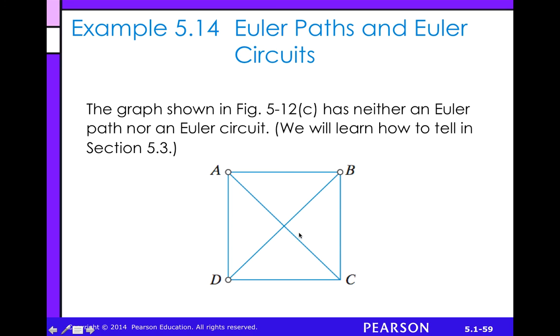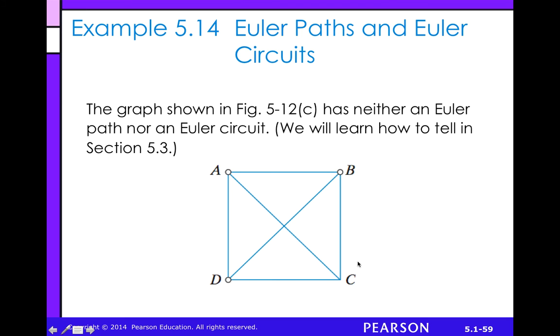But now I can't do that without retracing my steps. So I've done this, this, and now to get to the other diagonal line, I have to go like this, or I have to go like this, and either way, I'm retracing steps.